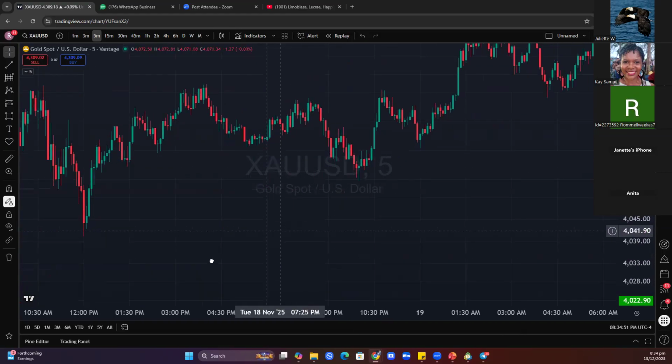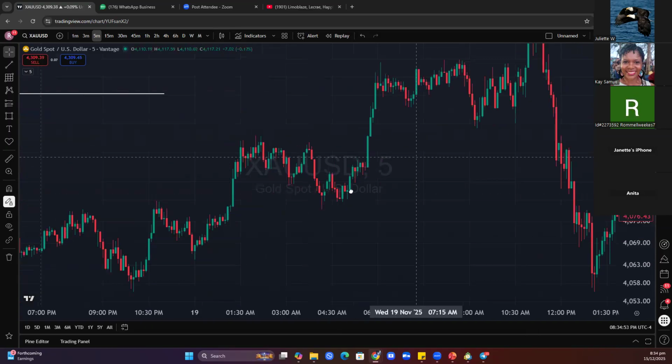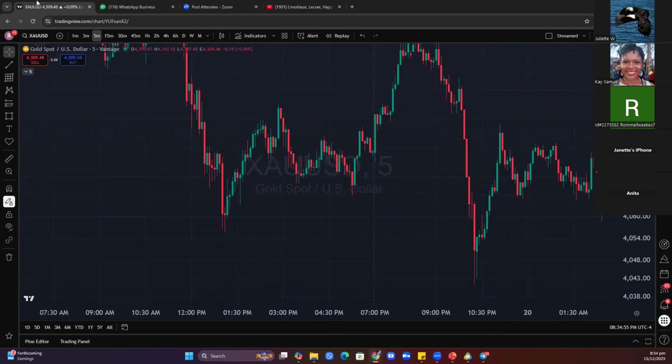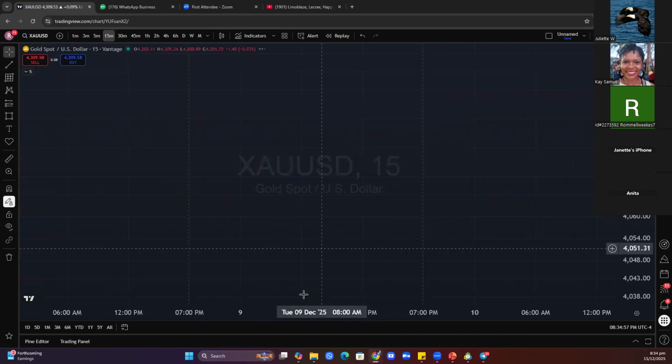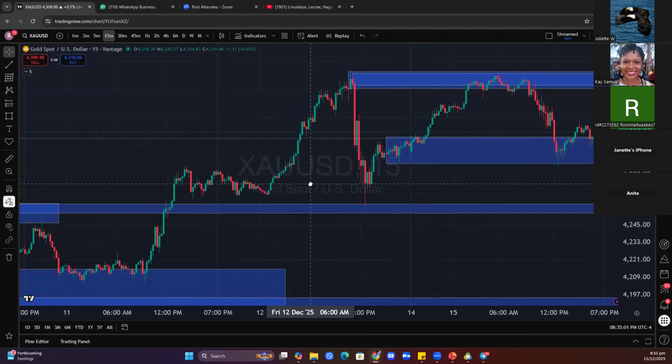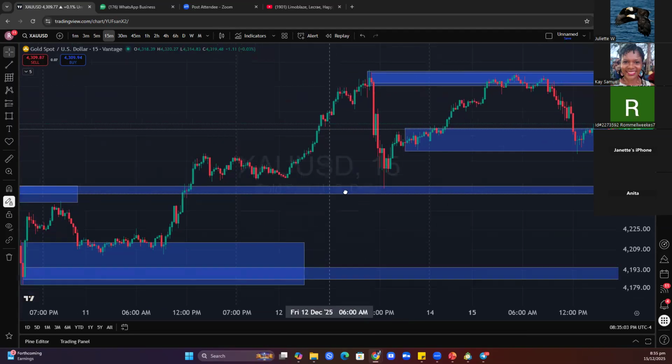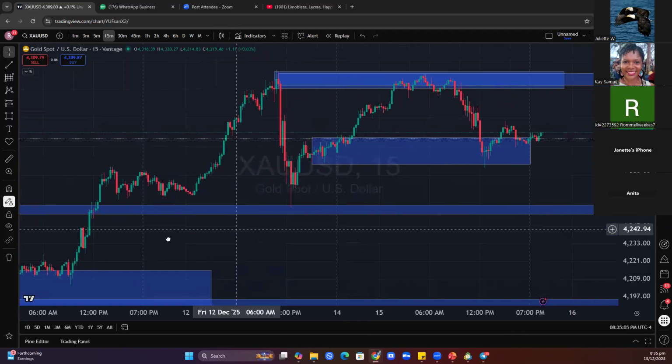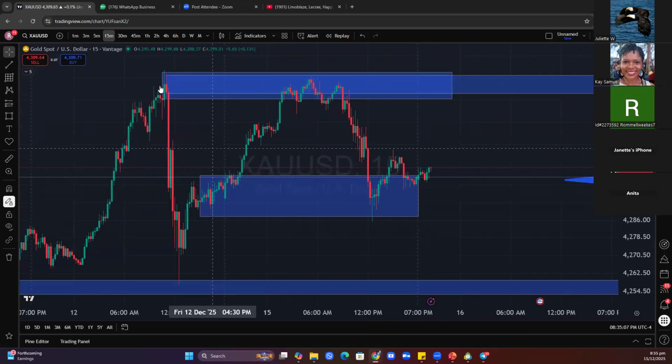So I'm gonna just go based on the areas that we're looking at. Let me go back up to 15 minutes so I can find these areas quick. Since we're here, let's use this. Price traded into your area here.